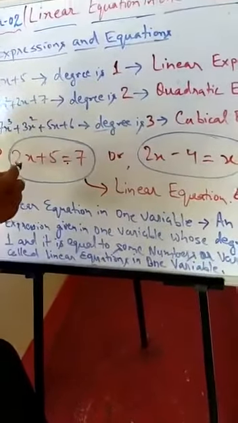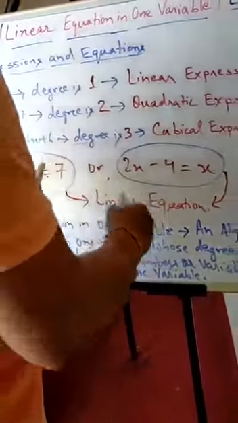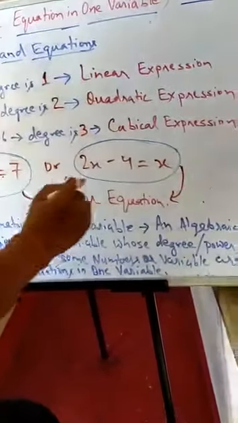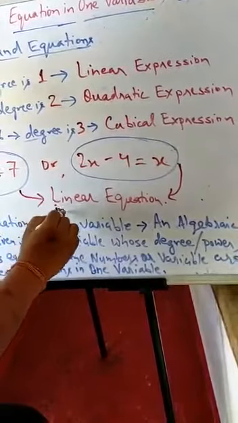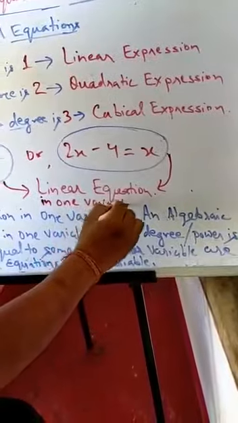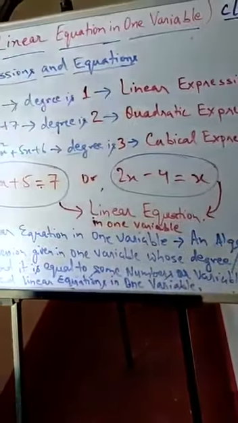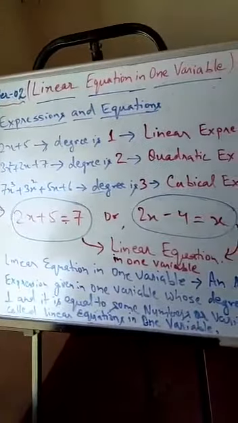One variable means here it is x, and here it is also x. Is it clear?